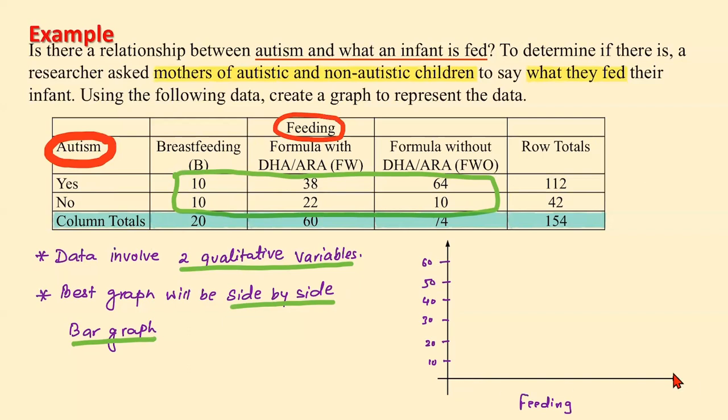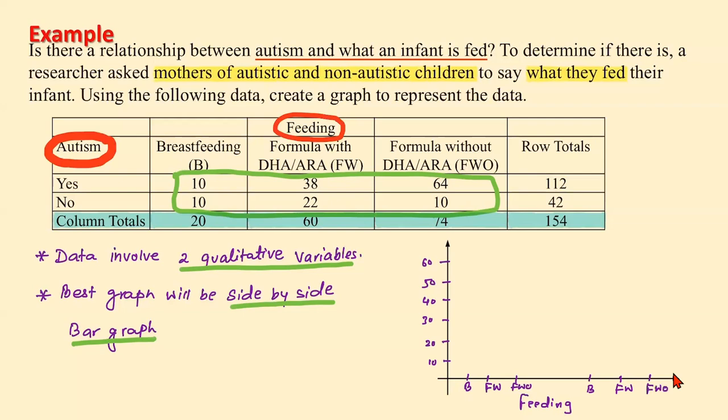So let's first make it. So breastfeeding B, here also breastfeeding B. Then formula with DHA, formula with DHA, then formula without DHA, formula without DHA.